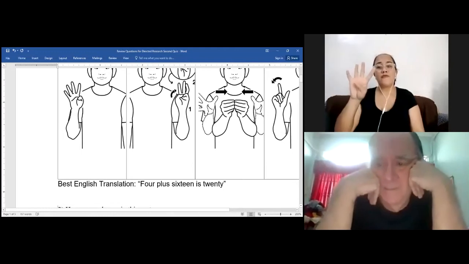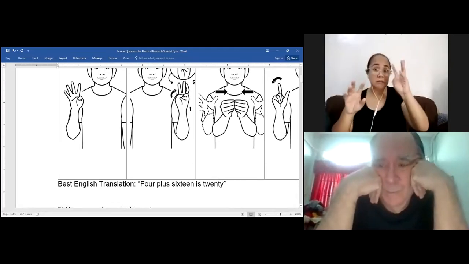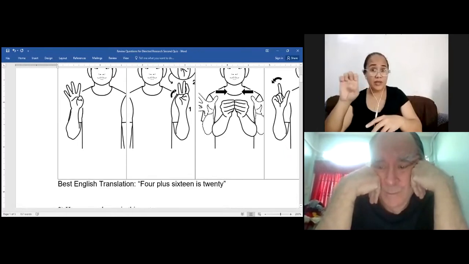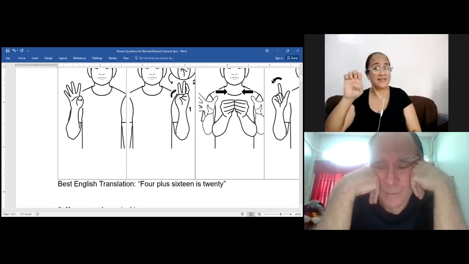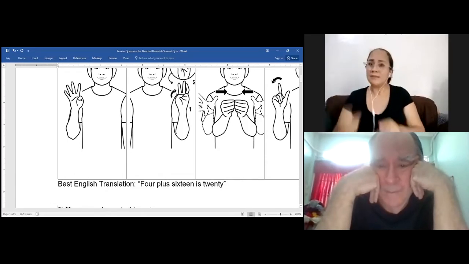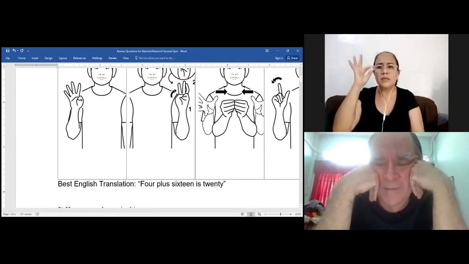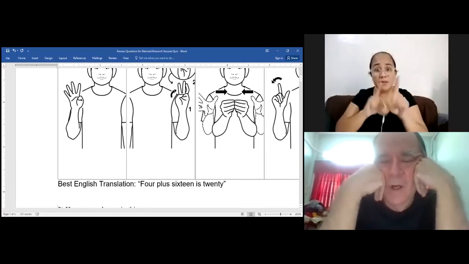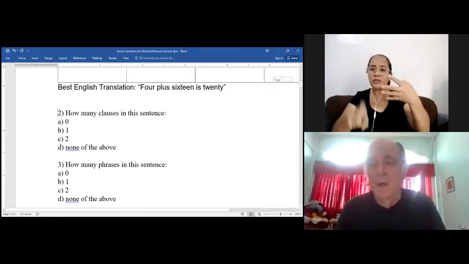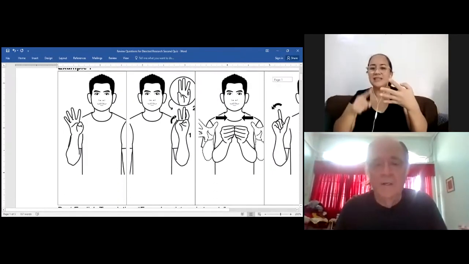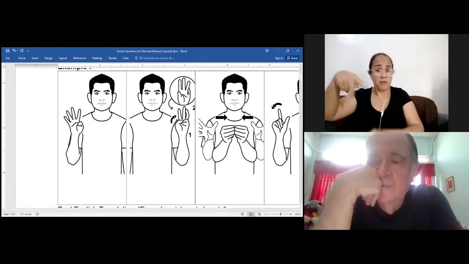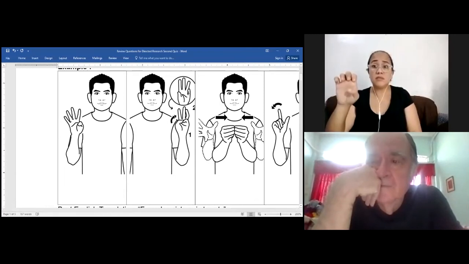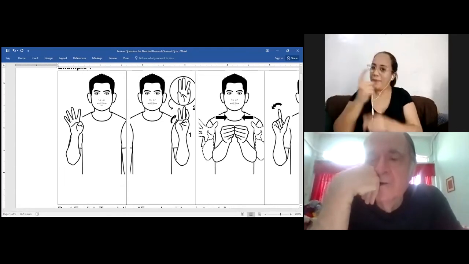Is that a phrase? Peebs is saying no. Jasmine's saying D is the answer. So look at the question again carefully. Is 16 together a phrase? Nat is saying no. Peebs is saying no. Correct. Is together 20 a phrase?